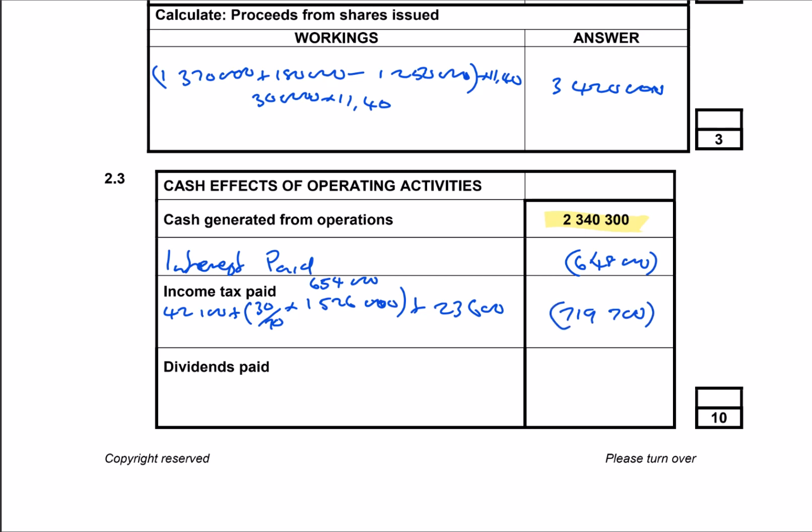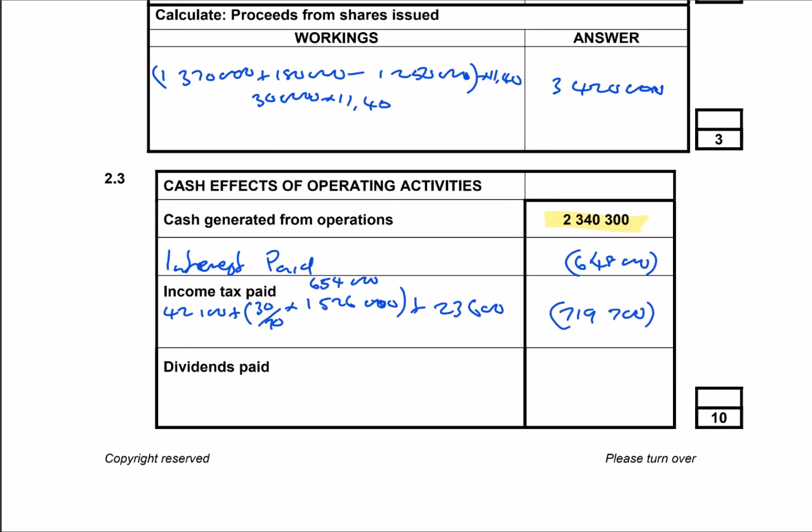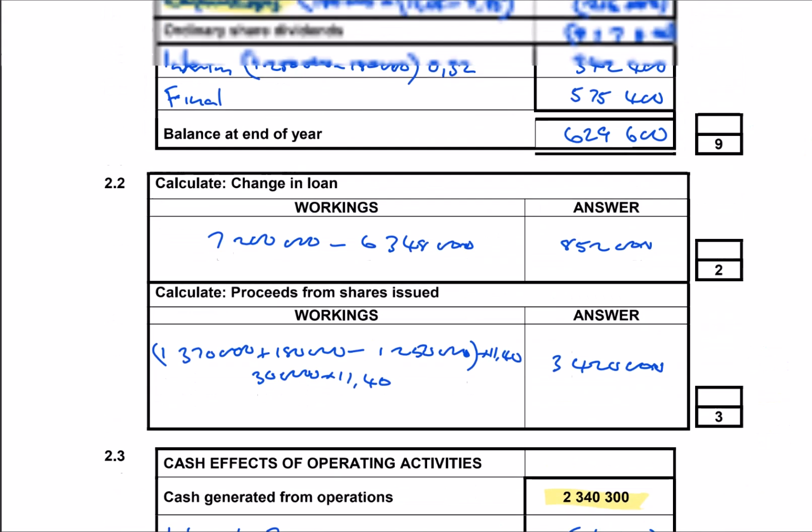Then dividends paid. For this question, it's simplified. Dividends paid, basically whatever you pay for dividends is the opening balance of the dividend and the interim. Those are the dividends paid, which we can easily deduce from here. The opening balance of the dividends is 475,000. The interim dividend we calculated earlier in the question.